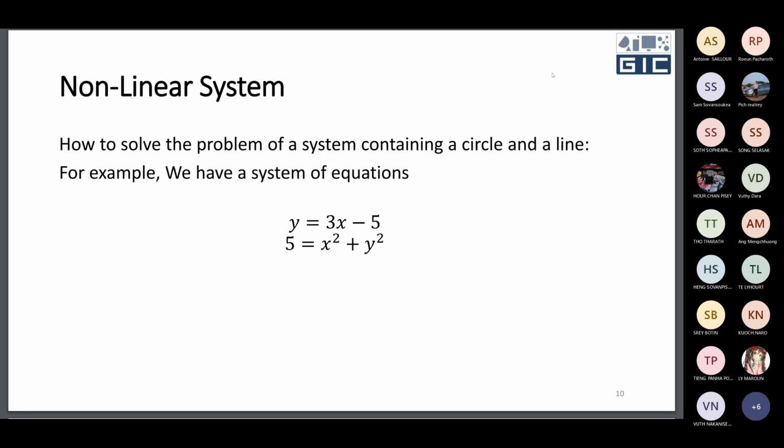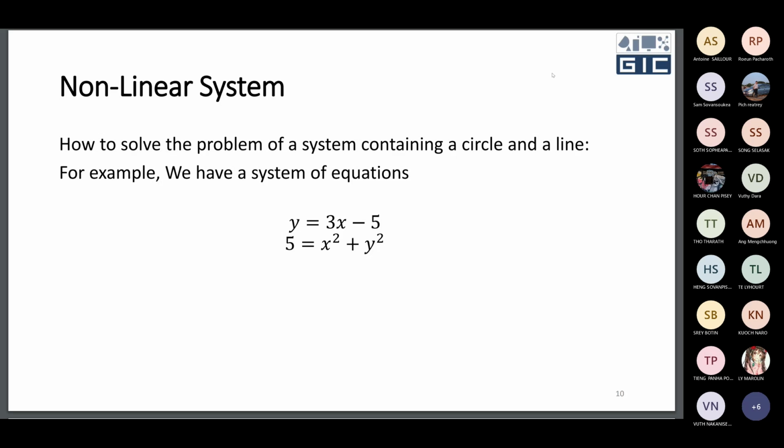For example, if I have an equation like this, y equal to 3x minus 5, and the other equation, the first equation is a linear equation, it's a line equation, and for the first equation you can construct it easily. How about the other one?